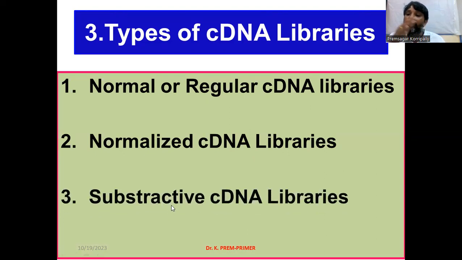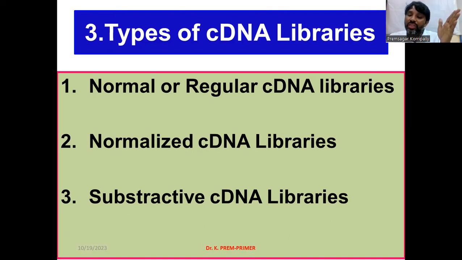And the subtractive cDNA library. One cell, if you keep it in two different conditions, normal and abnormal, right? In the normal condition the genes expressed are different, and in the abnormal condition the genes expressed are different.